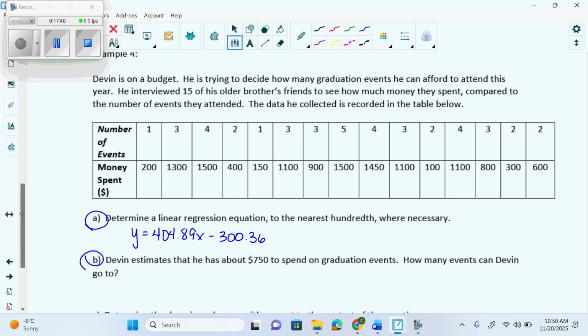All right. So, guys, domain is X, correct? So we have to talk about minimums and maximums, yes? The X is based off of number of events. What is the minimum number of events he could do? 0. He could literally do none, right? He could attend nothing. Is it true? Okay.